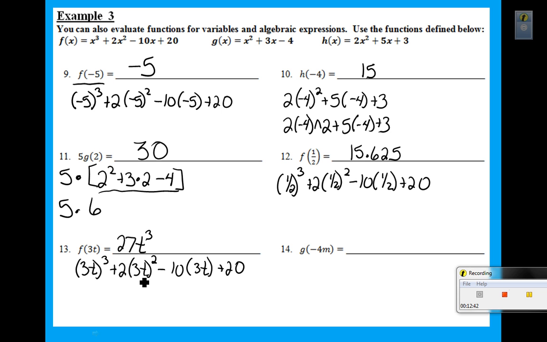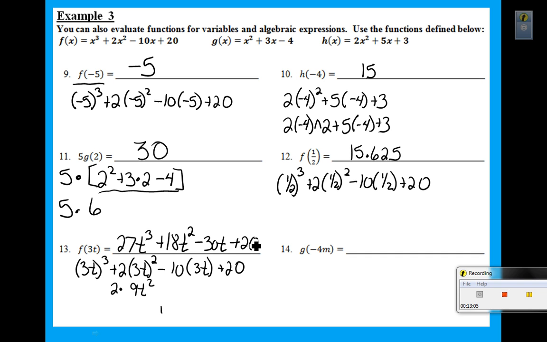When I work on this part, 3t squared, 3 times 3 is 9, so this becomes 9t squared. But I got that 2 out front, so 2 times that becomes 18t squared. Then I got negative 10 times 3t becomes negative 30t plus 20. And then stop. You can't do anything else with that. But that's what it's going to look like in that case.